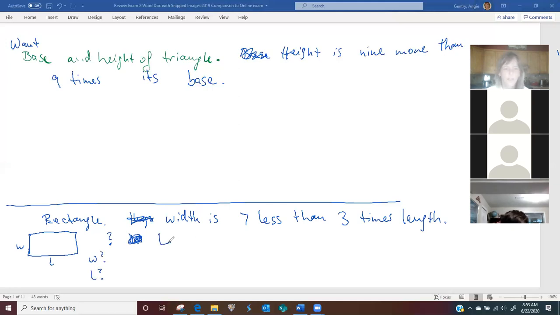So we're going to let x be something. And this is the key: let x be. This is really important. You first have to let x be whatever the other one is based on. The width is 7 less than 3 times the length.